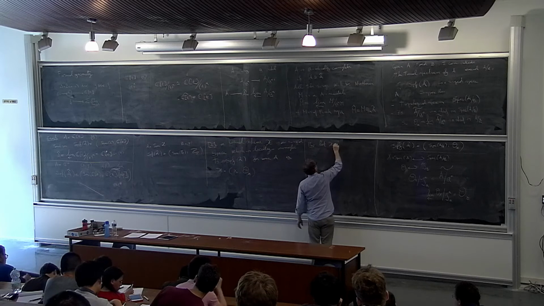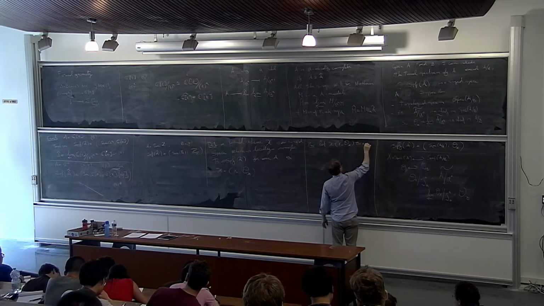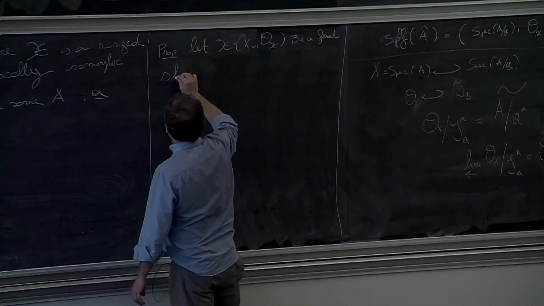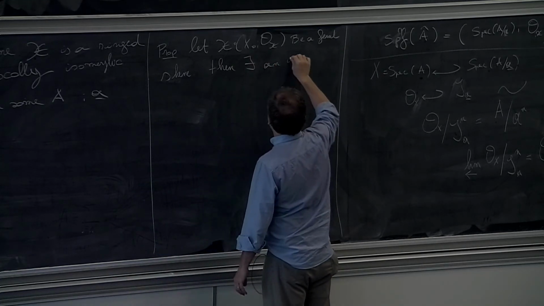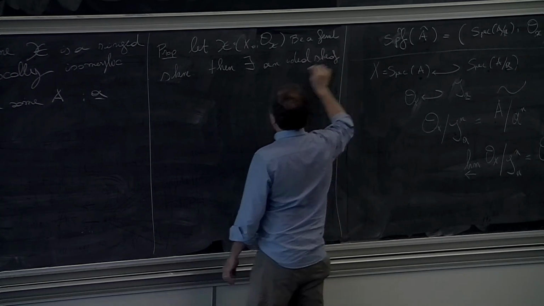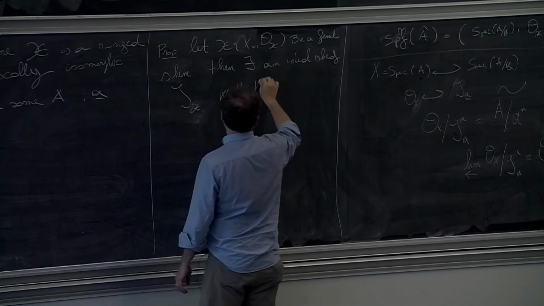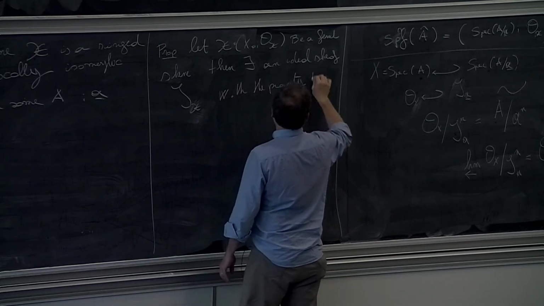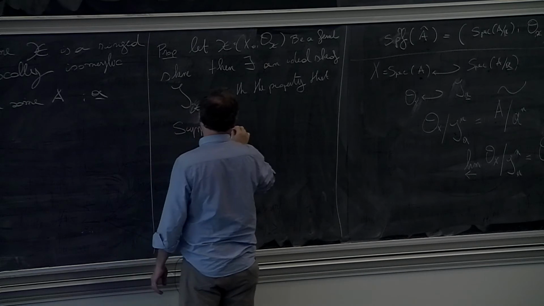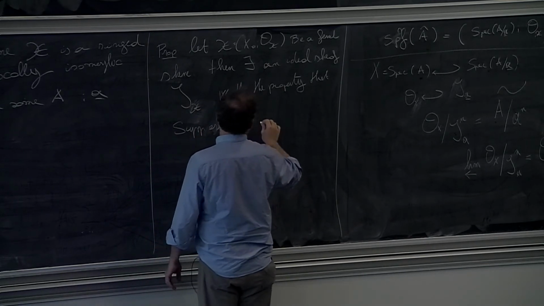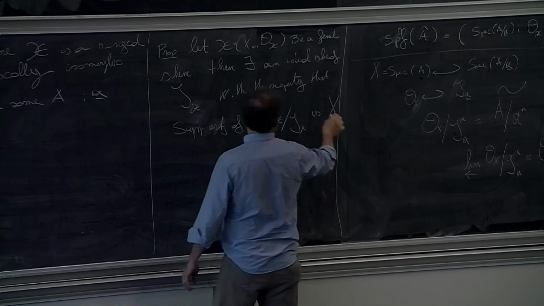Let X be a formal scheme, then there exists an ideal sheaf EX with the property that the support of OX divided by EX is the total space X0.